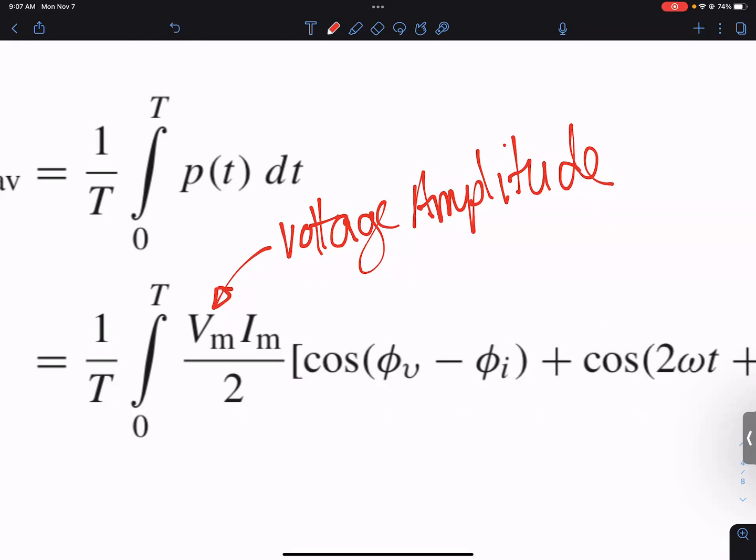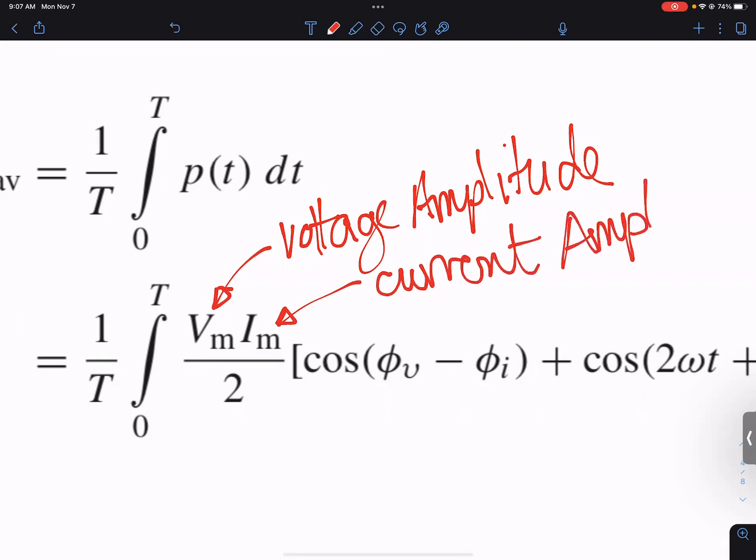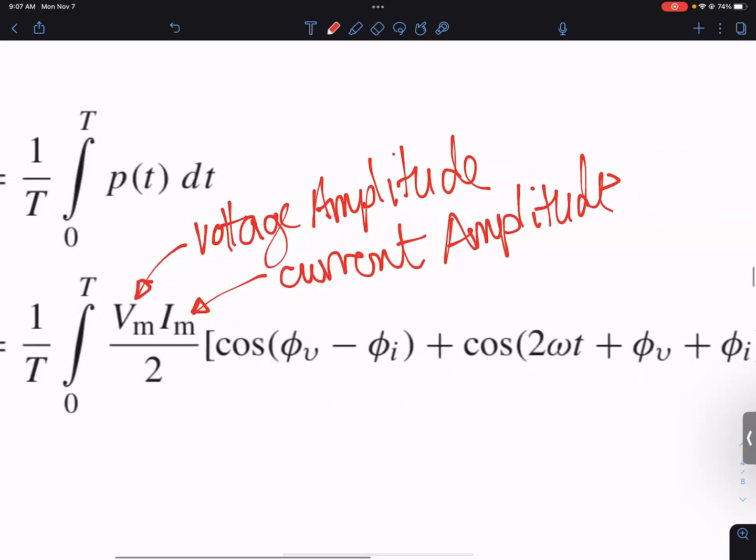Yeah, that one was 4, and this one is your current amplitude. And then this is the phase shift of your voltage minus the current.